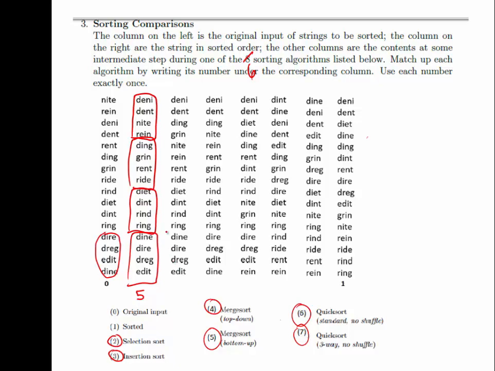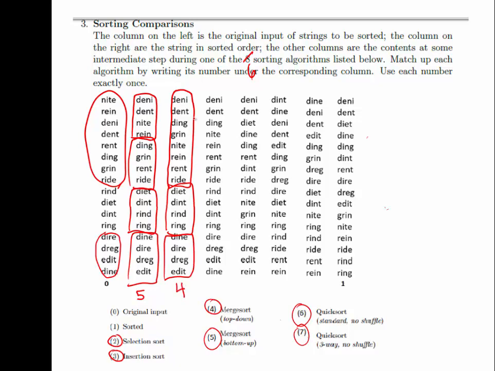If you look at this one here, you have to look carefully. You'll notice that this part here is completely sorted, which is equal to the unsorted part here. And then you will have groups of 4 sorted. So this looks more like a top-down merge sort, which means that you have these sorted.